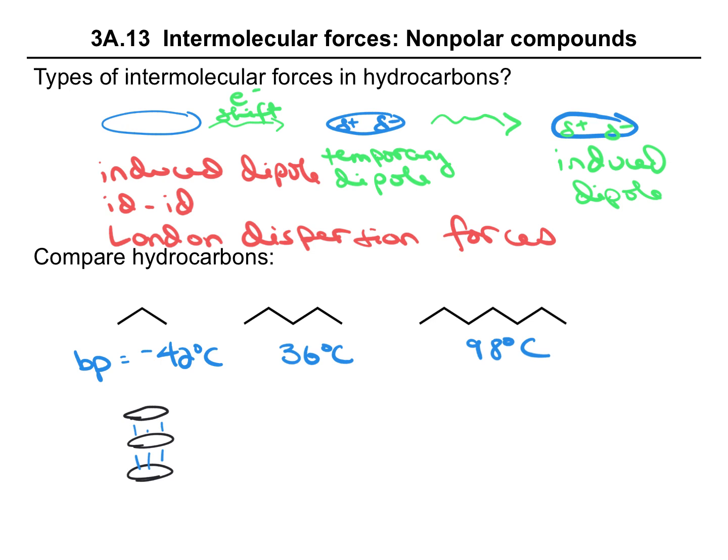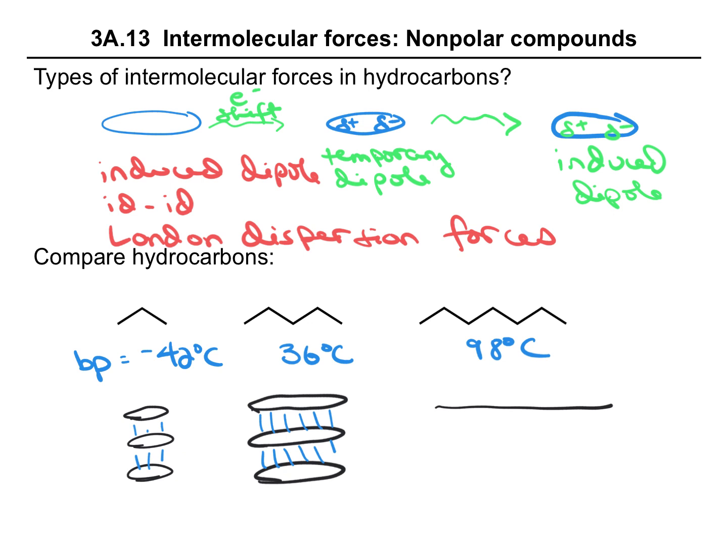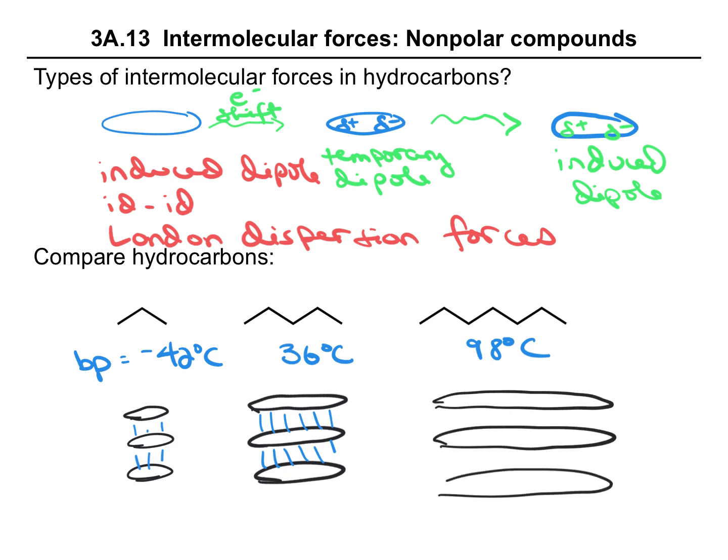Our 5-carbon alkane is called pentane, and let's say this represents pentane, and then this represents the induced dipole interactions. Our 7-carbon alkane is called heptane, and let's say this represents a few molecules, and then this represents the induced dipole interactions.